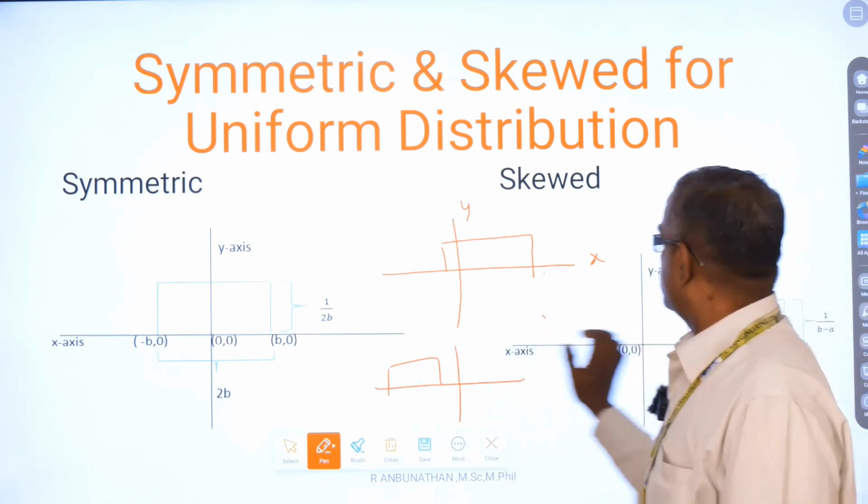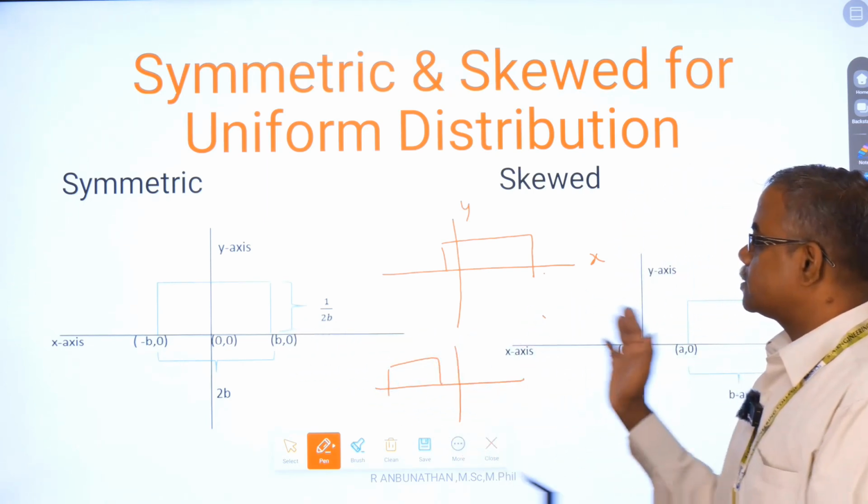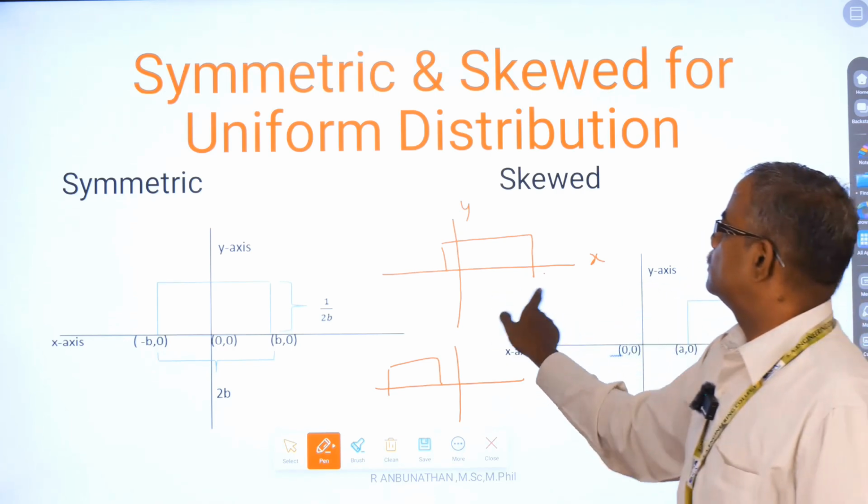This one is symmetric, and this one is skewed. Skewed means not symmetric about the y-axis.